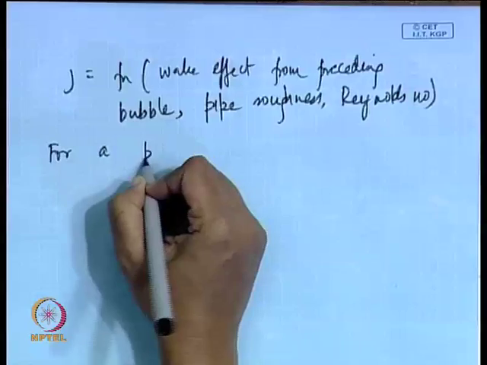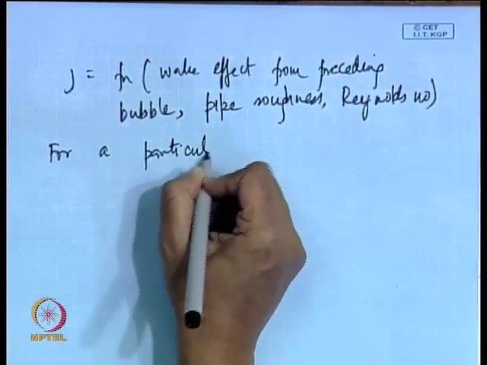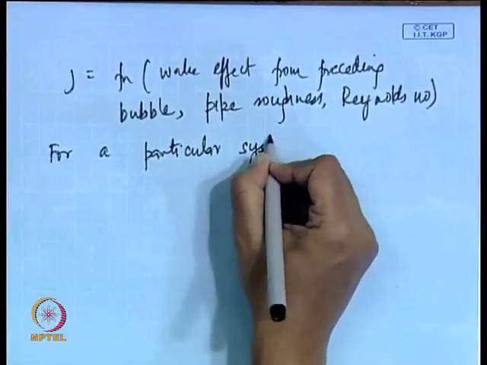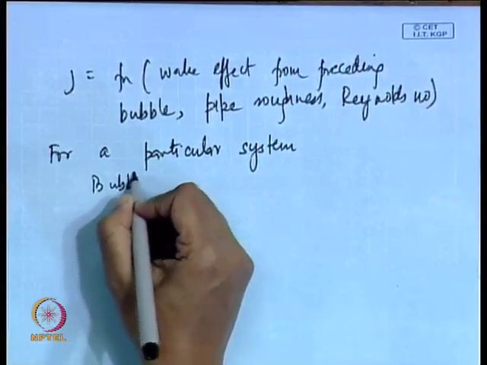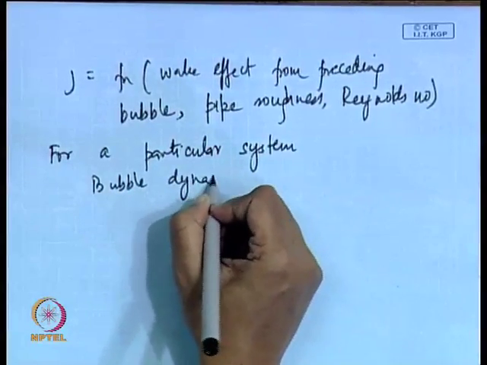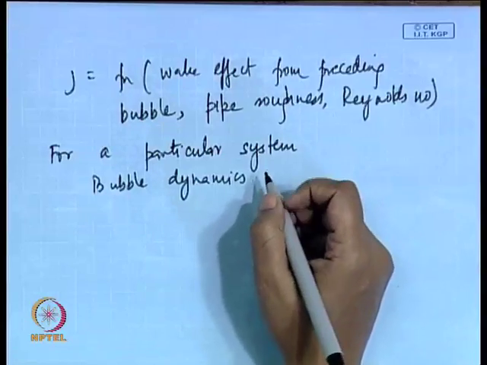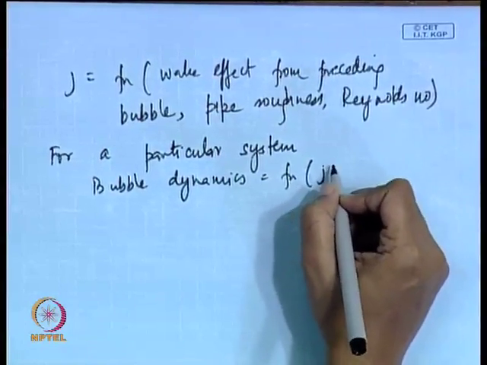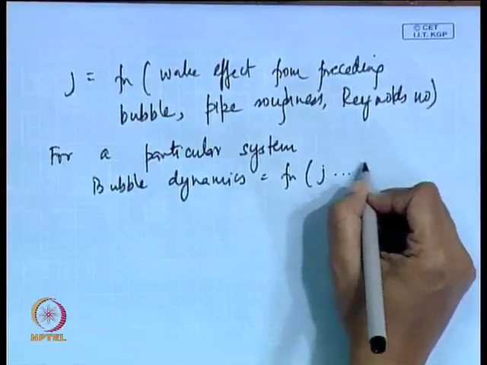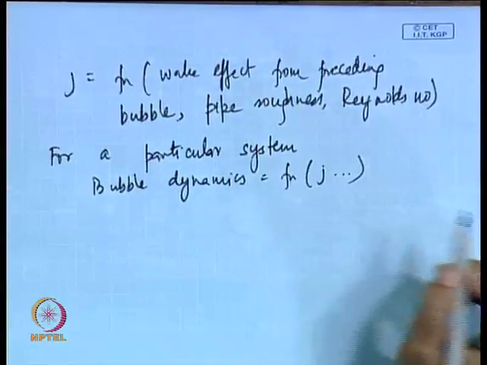For a particular system, say when the fluid properties, pipe geometry, everything is constant, under that condition your bubble dynamics, which is mainly governed by the drift velocity, drift flux, etc., should be a function of J and certain other parameters, but primarily a function of J.